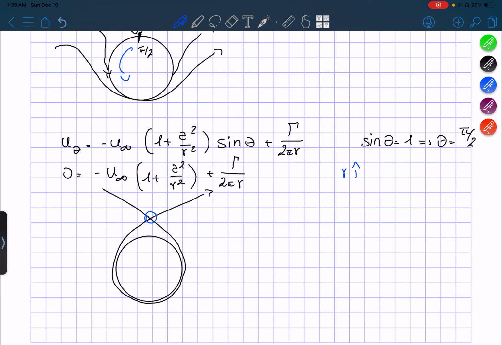As you can see, it's still along the pi over 2 line, but now r is greater than a. And it makes our equation right here still hold. So if we rotate it up, our stagnation point can lift off the surface of our object.